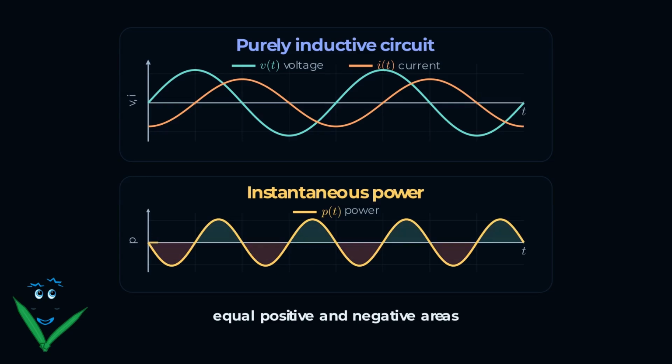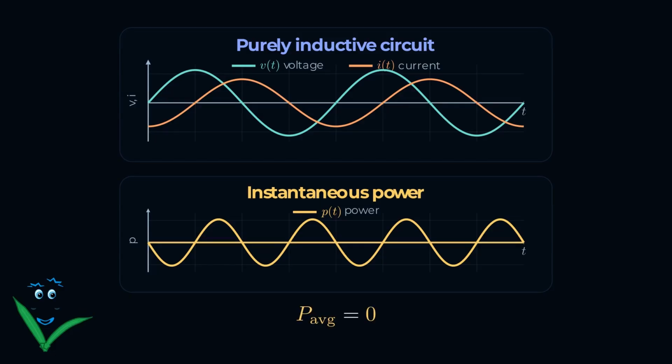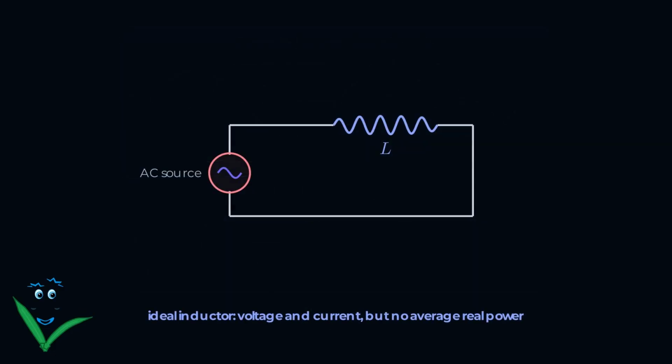Over a complete cycle, the positive and negative areas are equal, so the average power is zero. An ideal inductor can have voltage across it and current through it, but it does not consume average real power. A real inductor does have losses because of winding resistance and other non-ideal effects.